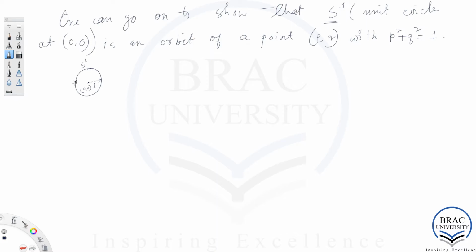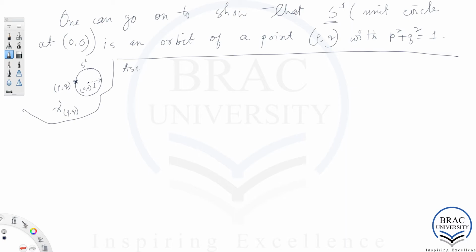If I choose any point on this circle denoted by (p, q), such that p square plus q square is equal to 1, and then compute the orbit of this point, that is actually going to be the same circle. This is what's written down here.